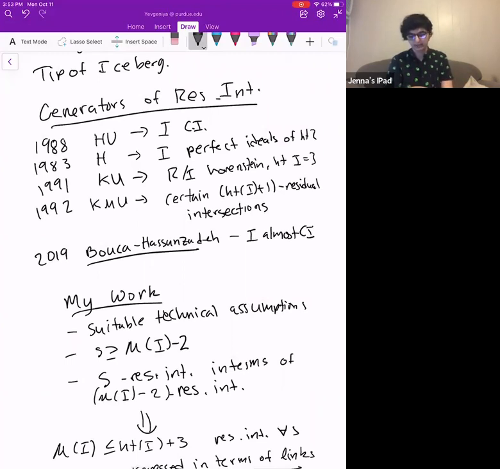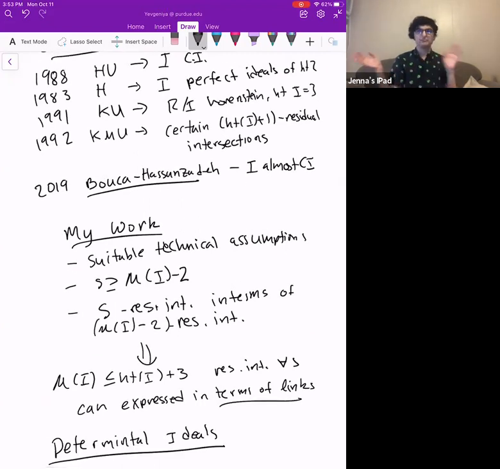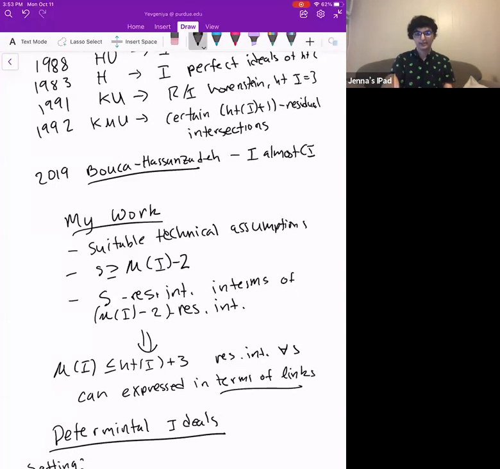They're not sums of links, but for the almost complete intersection case, my work has a parallel result. This specific work, the one with the suitable technical assumptions and s greater than ui minus 2, is kind of parallel to their work, with slightly different depth conditions for the almost complete intersection case.